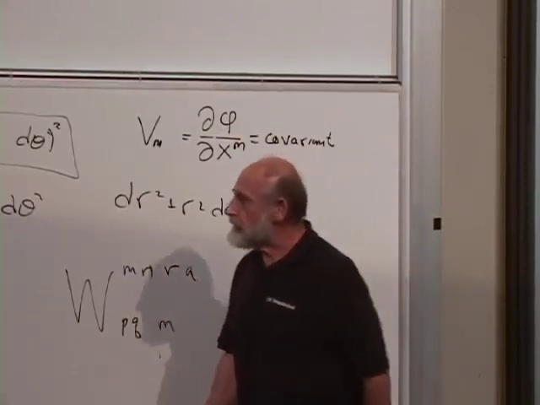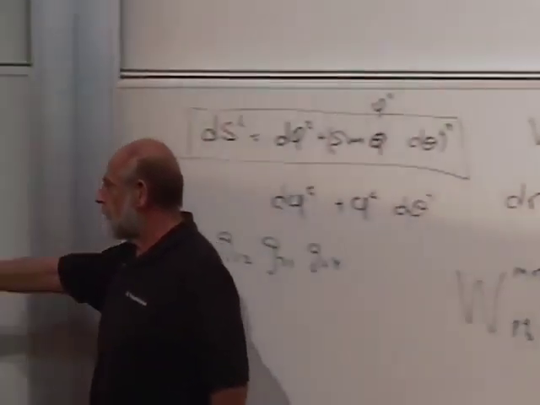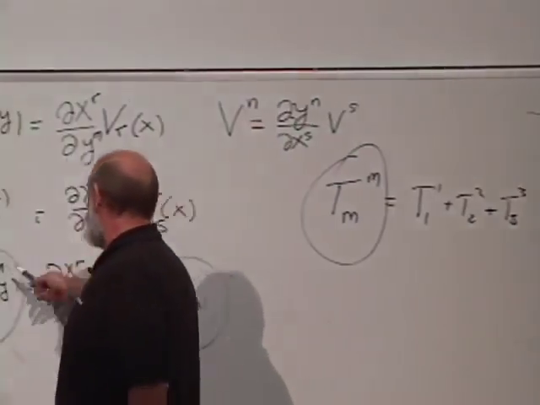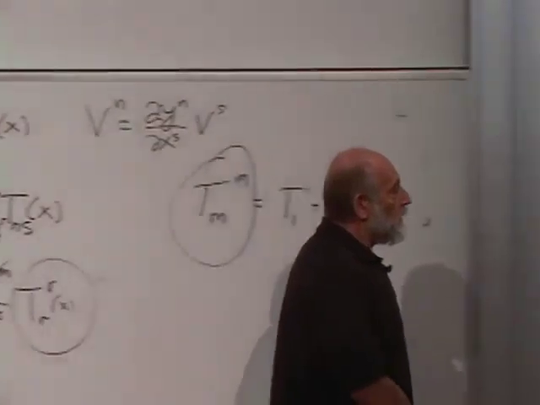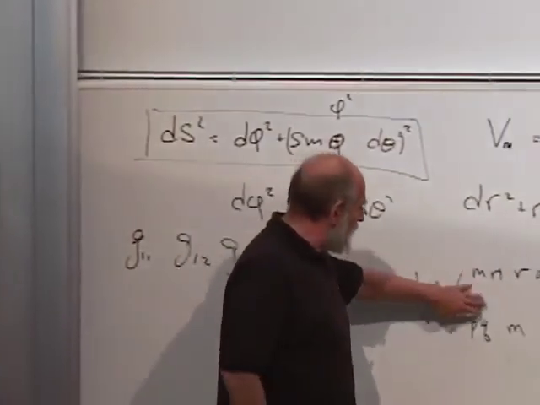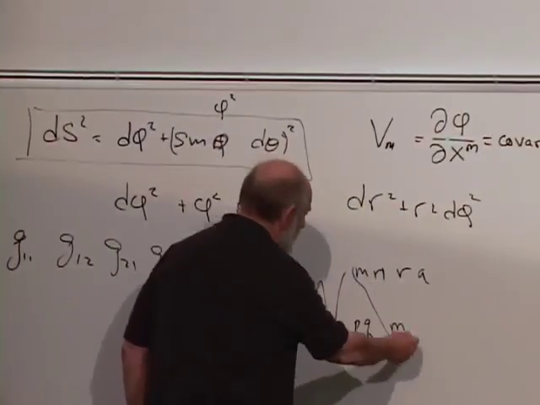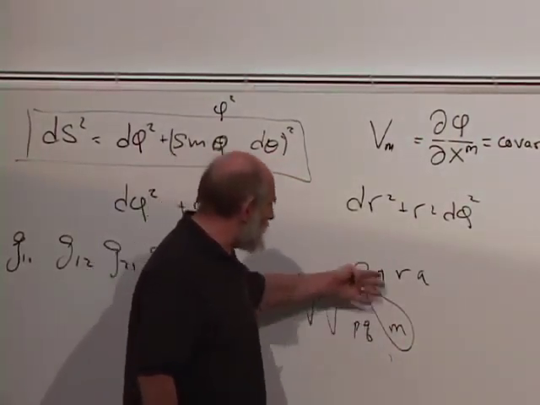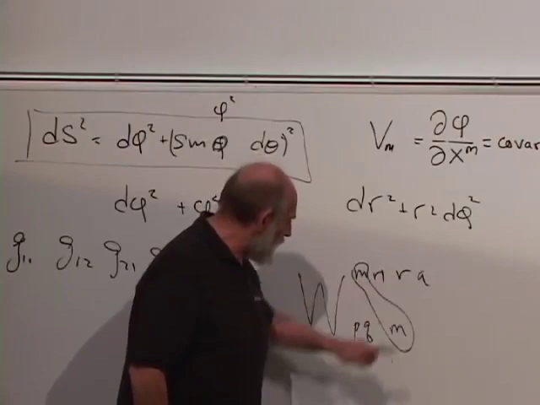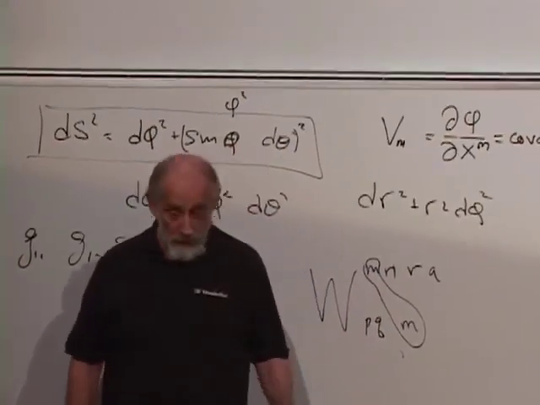That's a pattern. You prove it the same way as I proved this: when you identify upper and lower indices and sum over them, the components that are left over still transform as a tensor, in this case with 3 upper indices and 2 lower indices.